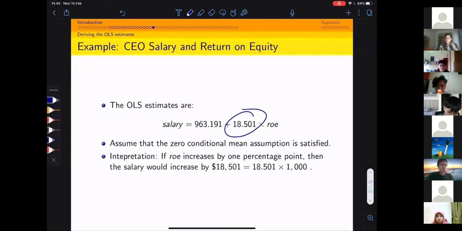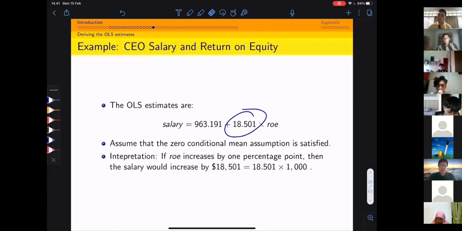If the return on equity increases by 1 percentage point, then the salary will increase by 1 percentage point multiplied by 18.501, which is about $18,501. So for every increase in return on equity by 1 percentage point, the salary will increase by about $18,501. That's the interpretation of the variable.